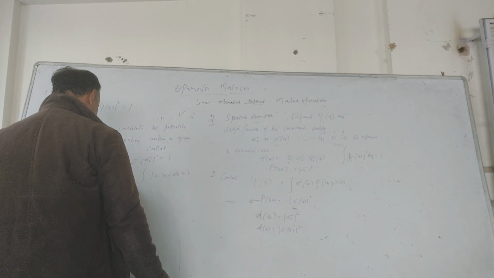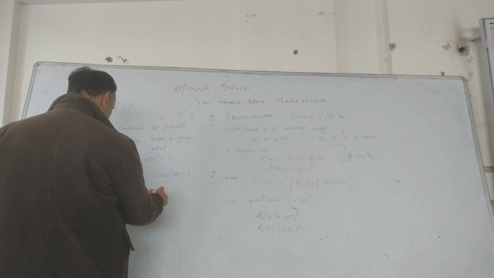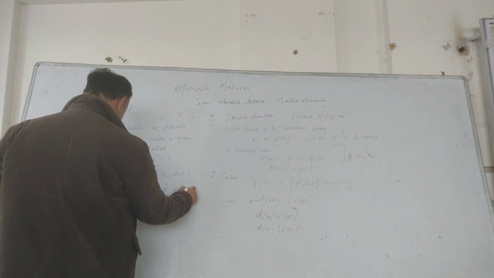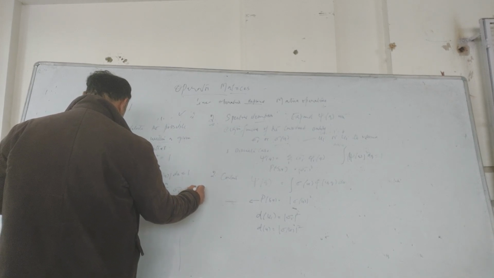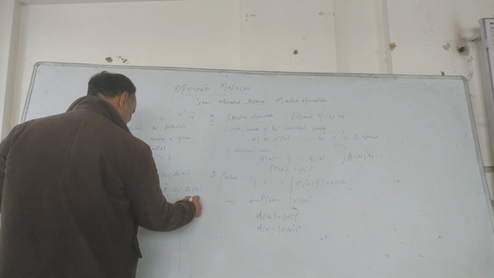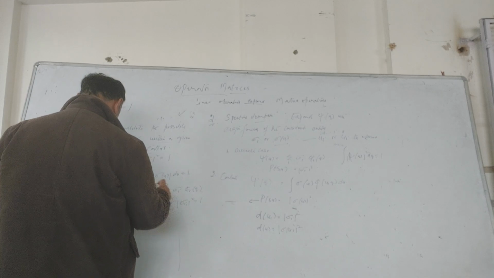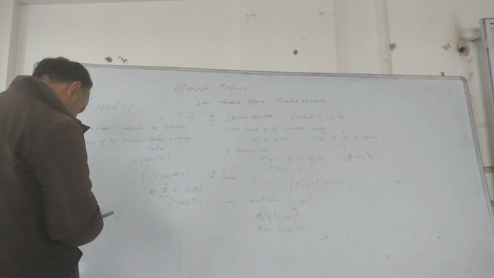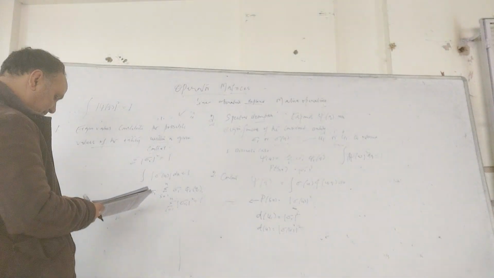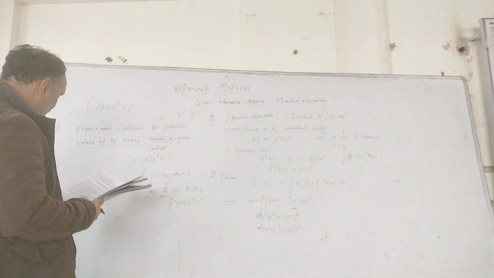So if phi_i are n eigenfunctions giving eigenvalues, then the sum of c_i squared has to be 1. So this is rule 2.